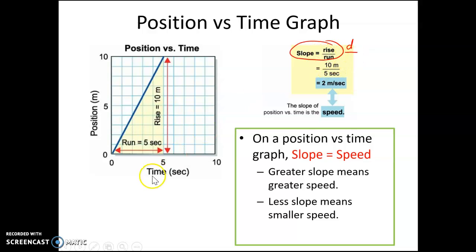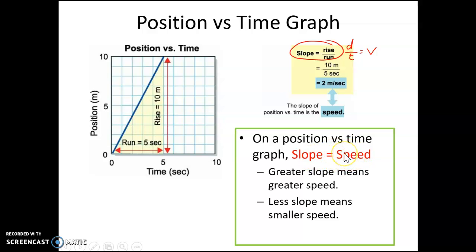And the run is the time. So we're taking a distance and dividing it by a time, and that's an equation that you guys have already done. It's equal to the velocity or the speed. So slope is equal to the speed.